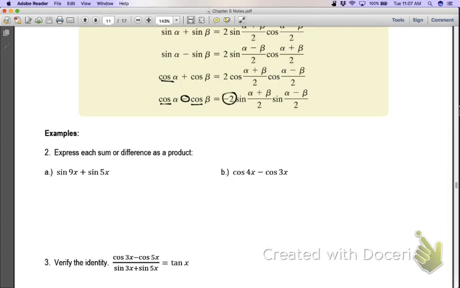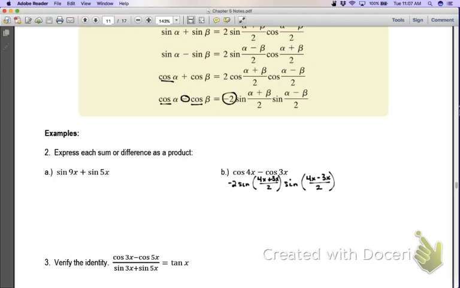So if we have cosine of 4x minus cosine of 3x, I'm going to have negative 2 sine of 4x plus 3x all divided by 2, sine of 4x minus 3x all divided by 2. And from here, it's complete.